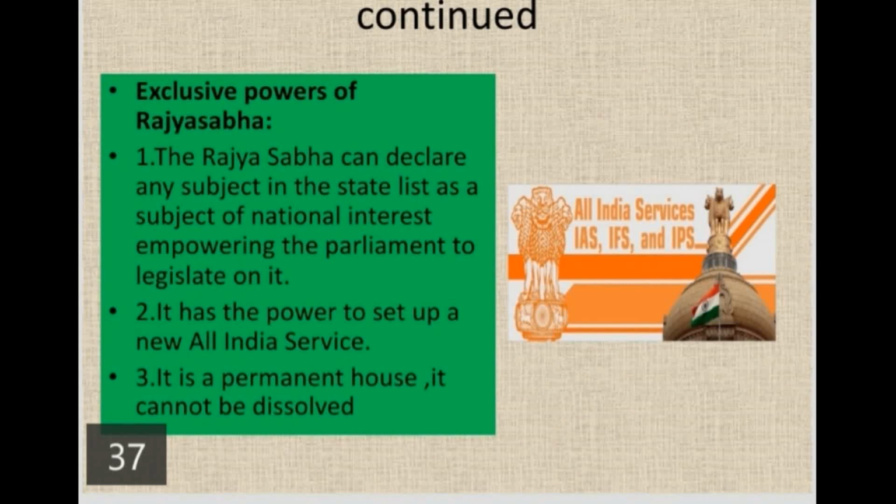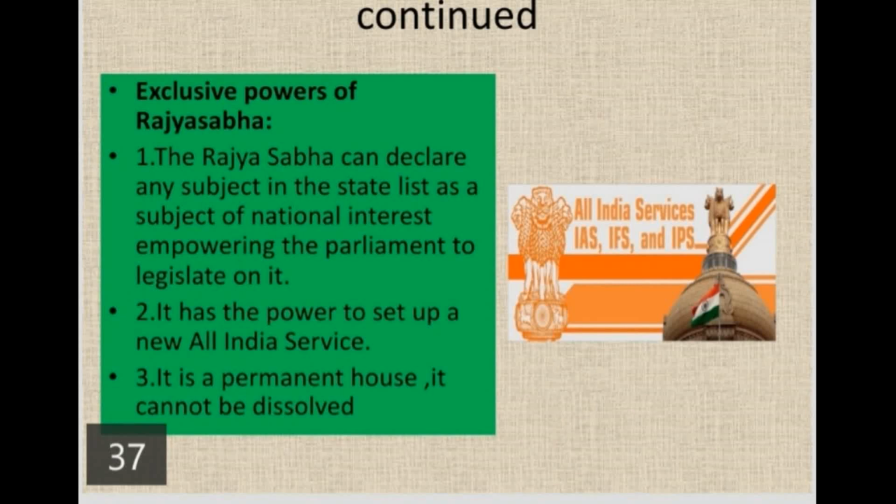That means any subject belonging to the state list can be taken up by Rajya Sabha, and the Rajya Sabha will say that this particular state subject has national importance, and it can empower the parliament to make law.